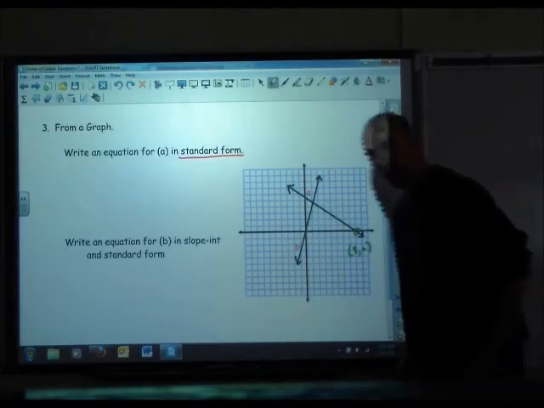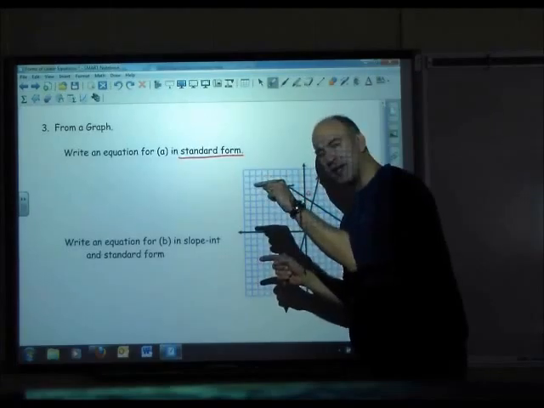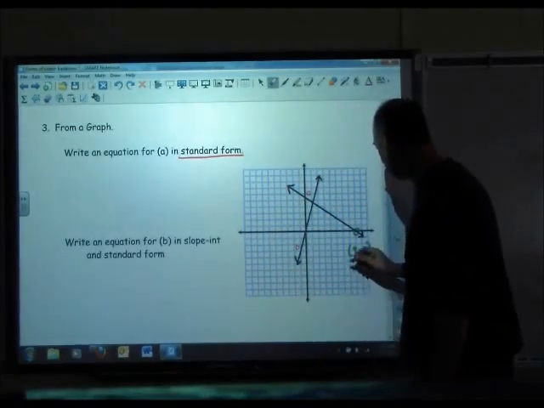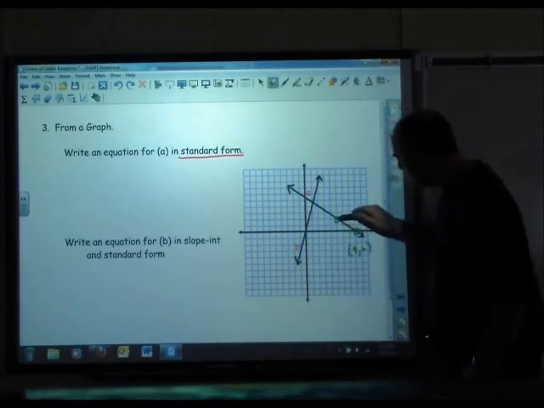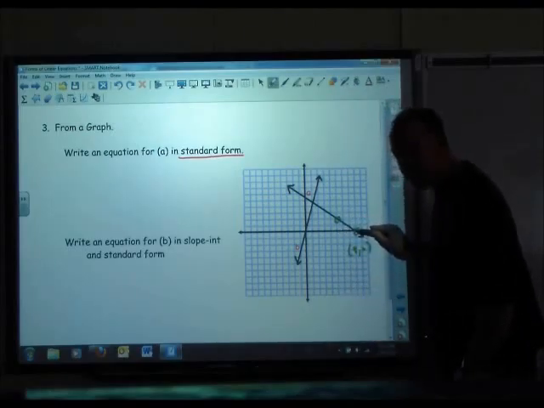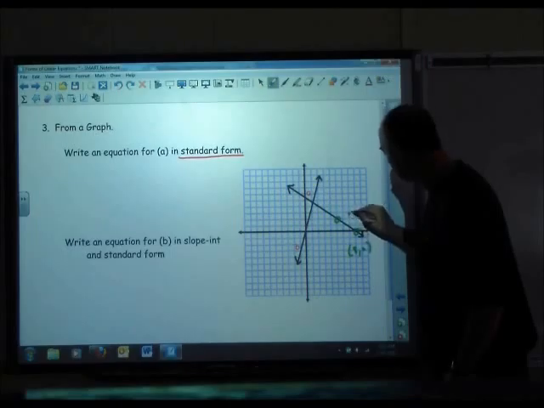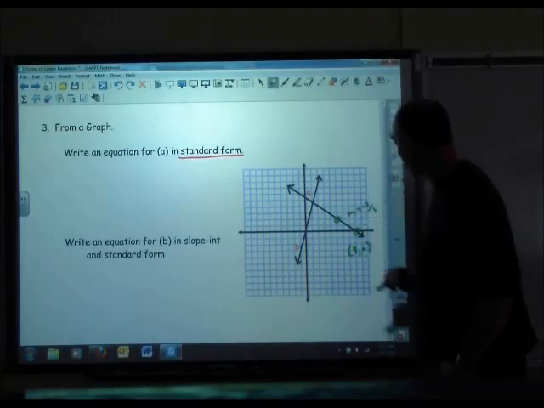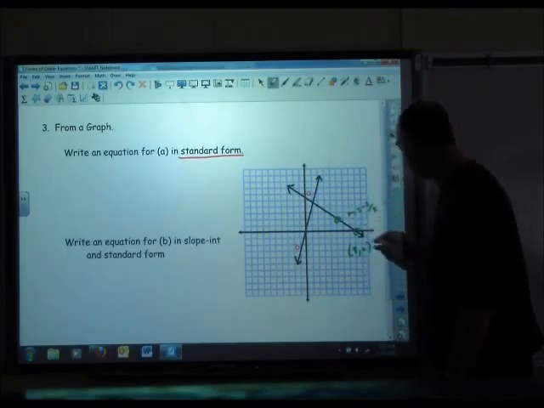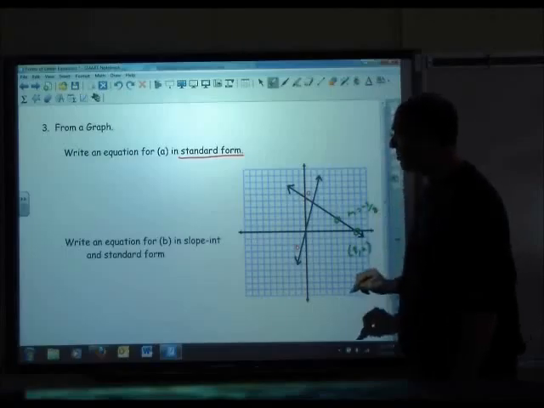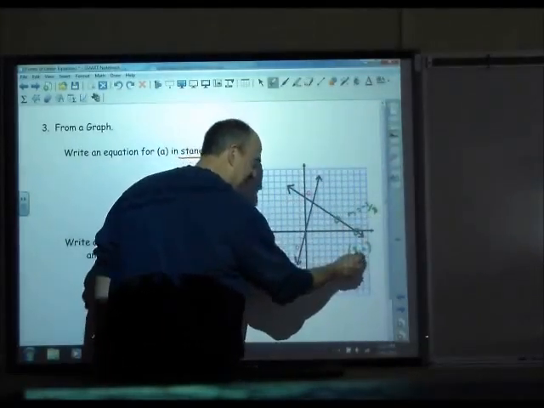When you find the slope on a line, pick 2 points that hit at corners and ask yourself what the rise and run are. Now I see a point right there. So to me, I'm going down 2 over 3. Okay, so I'm seeing a slope of -2/3. Alright, so this is not slope-intercept because that's not a y-intercept.